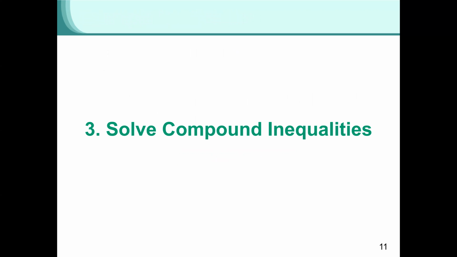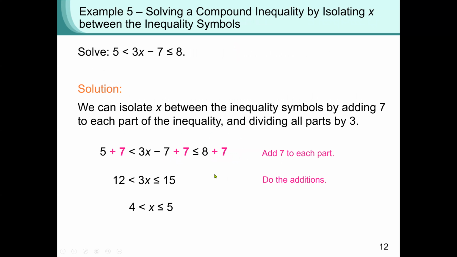Now let's go to solving compound inequalities. In our previous example, we had only one coefficient and a variable, let's say 3x. But this time we have 3x - 7, and instead of having only less than or greater than, we are seeing two inequalities with 3x - 7 between them.